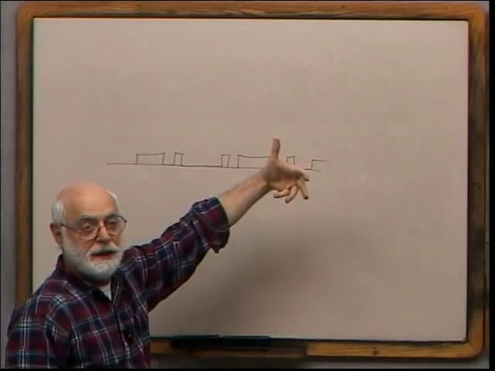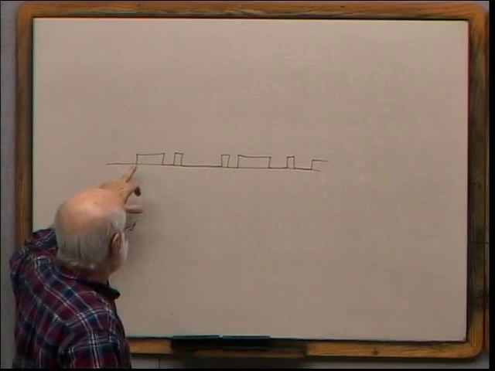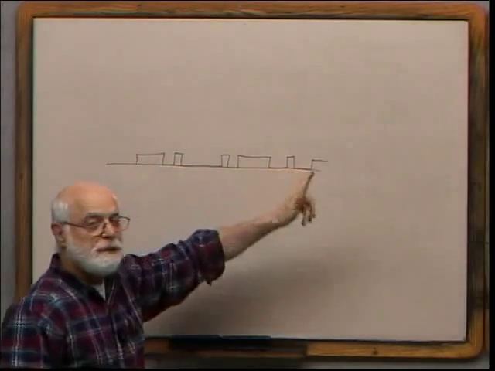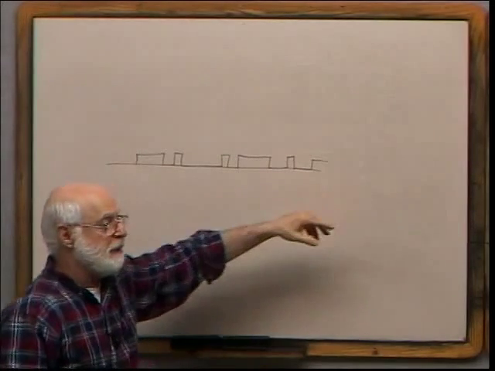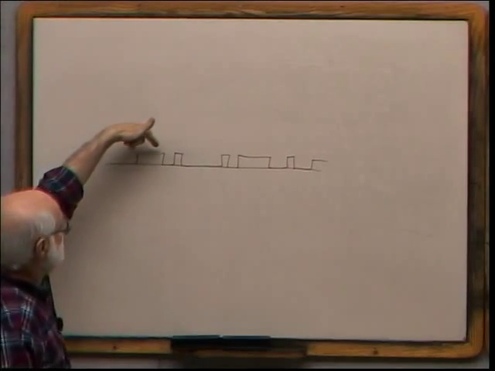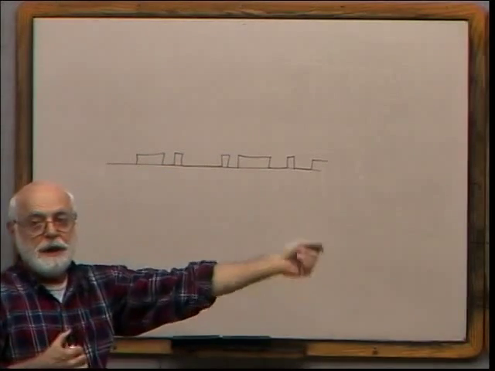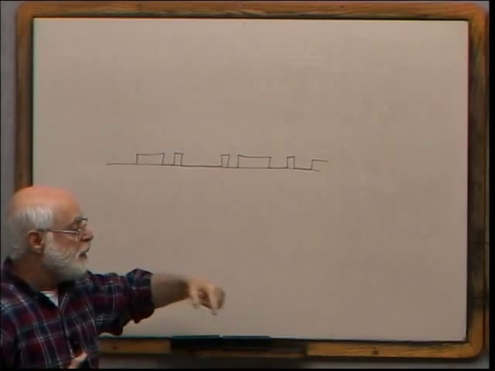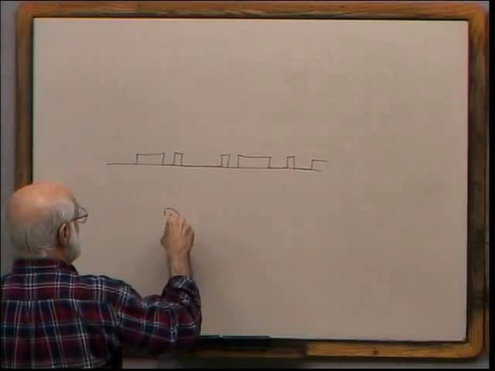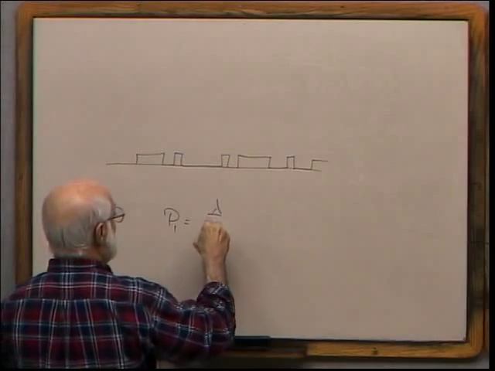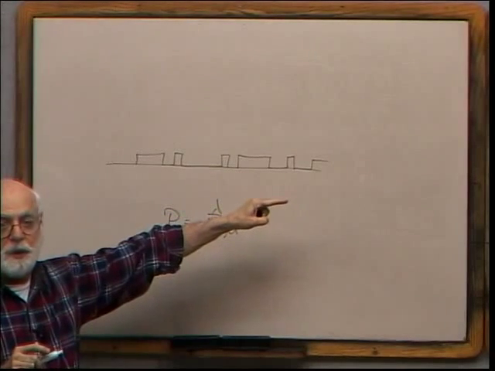So one interpretation is, if I wanted to find, for example, P1 from simulation data, then what I would do is I would generate this diagram, and I would measure the total time that I'm in state 1, divide that by the total time. The fraction of time I'm in state 1 would be P1. Okay, so P1, which is lambda over lambda plus mu, that's the fraction of time that the system spends in state 1. But there's another way I could look at it.